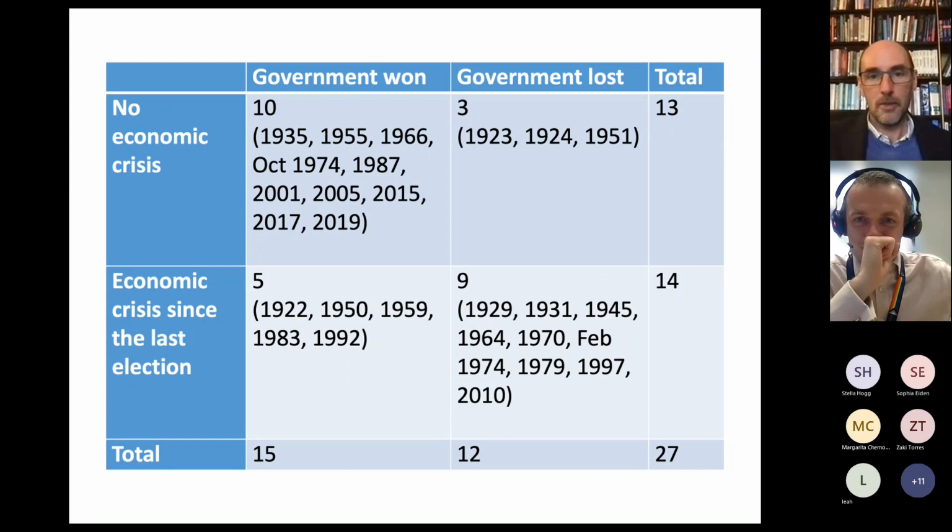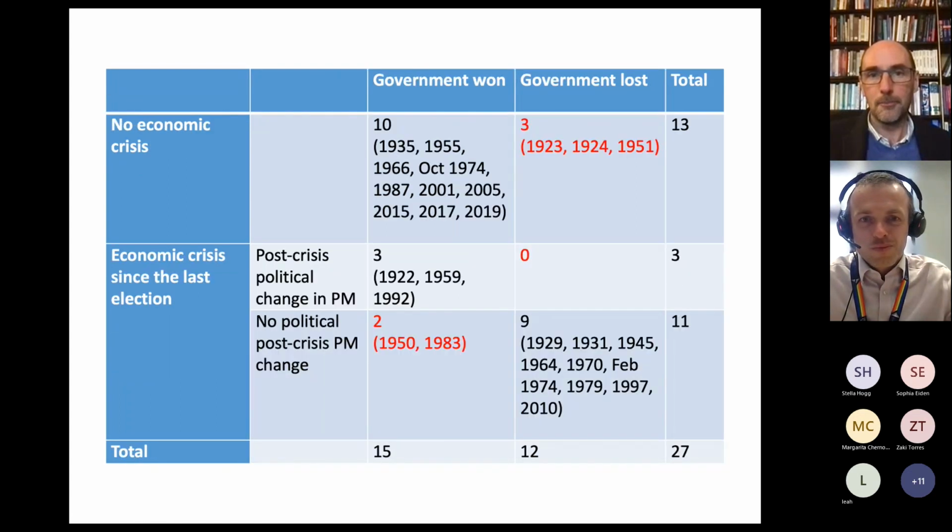So what about these 5? Well, I'm going to unpack that a bit to see what happens when you take into account leadership.